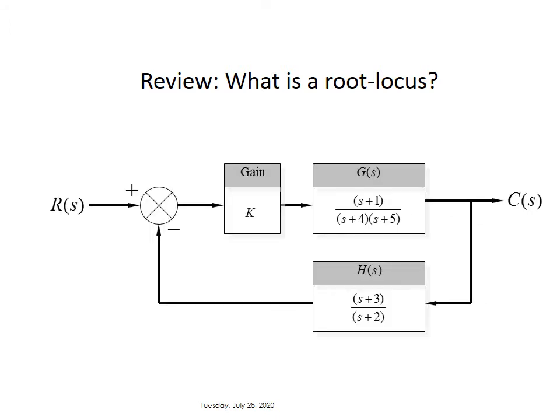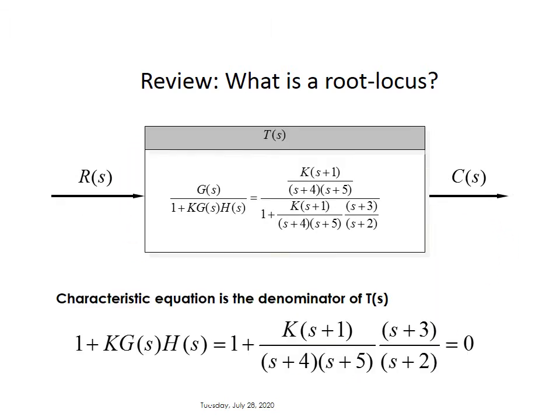So what is the characteristic equation? Imagine this is your complete system where you have a forward transfer function G(s), a gain that you add to it that you call k, and then a feedback transfer function H(s), right? In a root locus, it is going to be taken for the whole system. So you need to simplify it to find an equivalent, single transfer function.